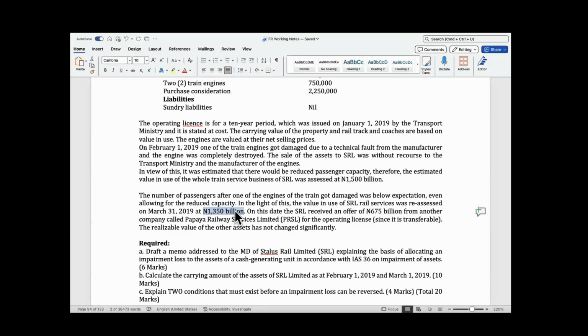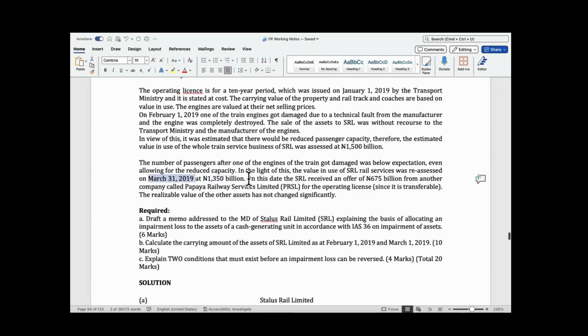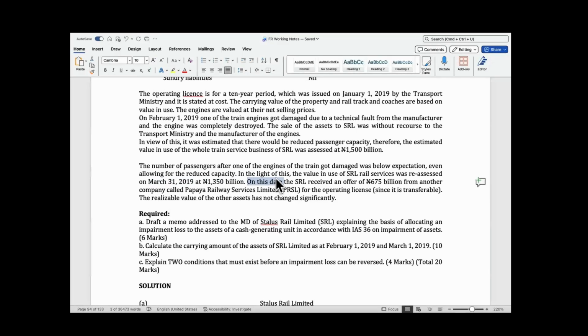So there is a further reduction in the value in use from this to this on these dates. So there is a further impairment loss. We're now told that on these dates, that is March, SRL Limited received an offer of 675 billion from another company called Papaya Rail Service for the operating license.